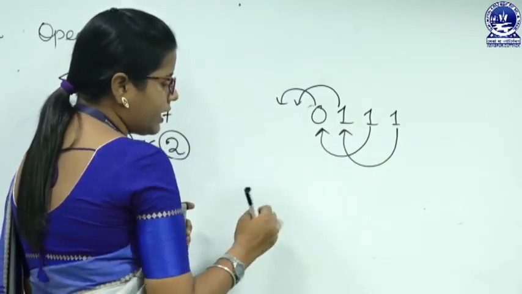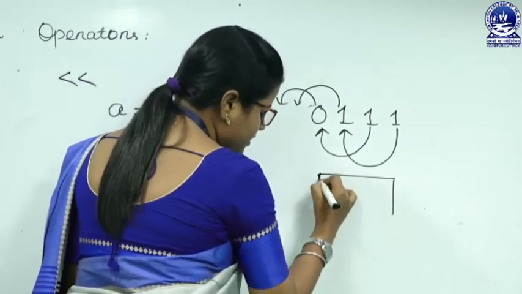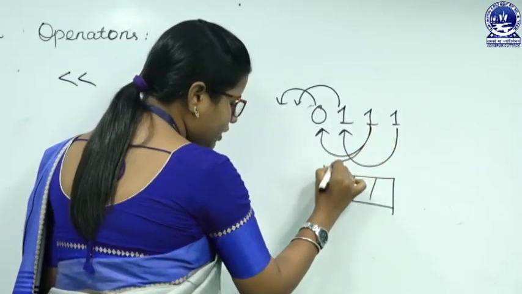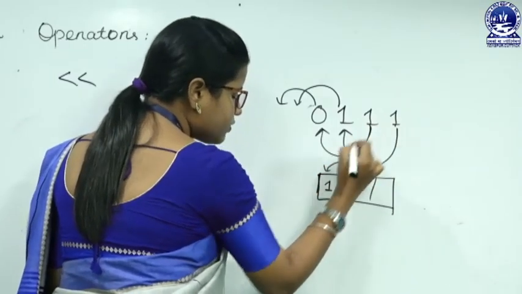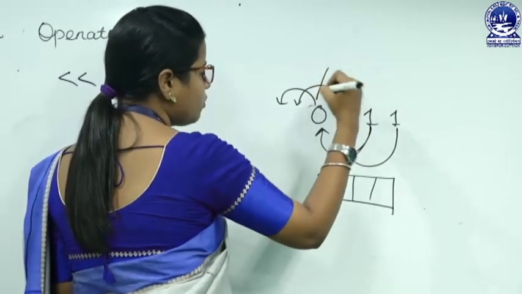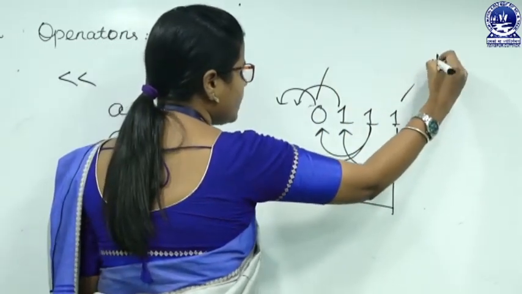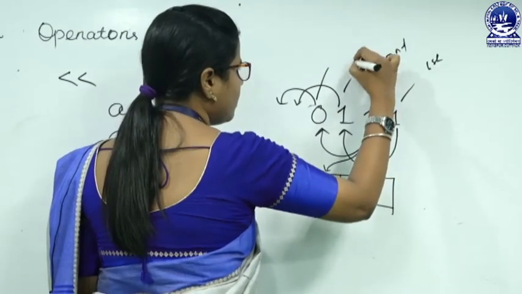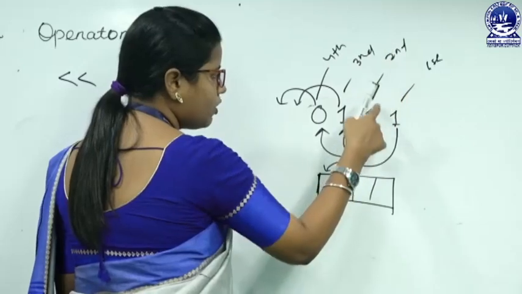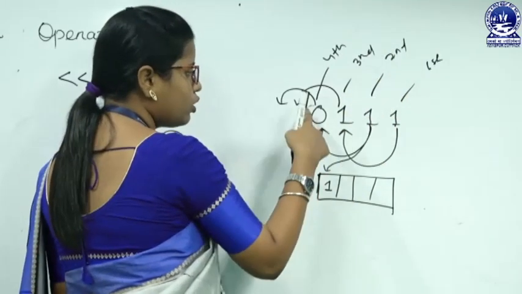We have 4 bits. This one is coming to here. If I mention the position, suppose here is the first position, then second, third, and this is the fourth position. The second position 1 will go to the fourth position.